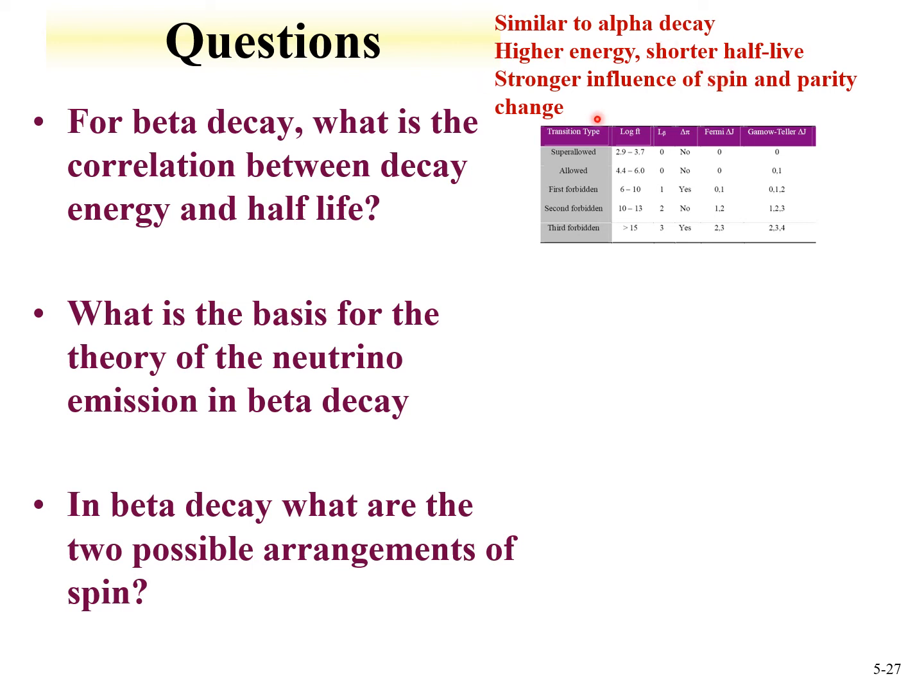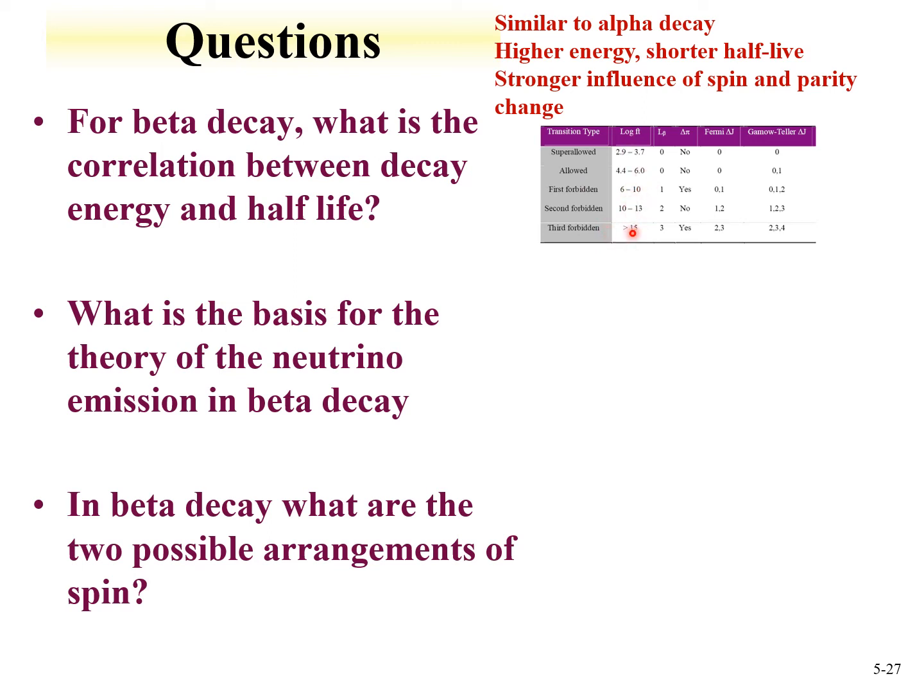However, we see a stronger influence of spin and parity change. We even discussed whether or not a transition can be super allowed, or first, second, or third forbidden. We talked about how that forbiddenness or allowedness is related to whether or not there are spin changes and parity changes. We also discussed how one could evaluate these transition types in terms of logft.